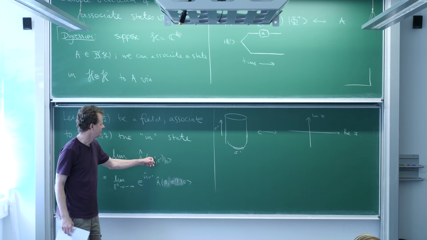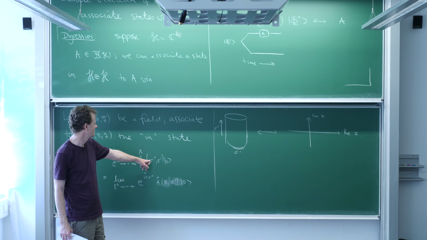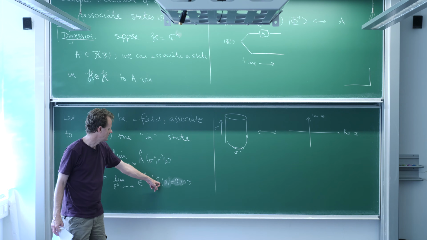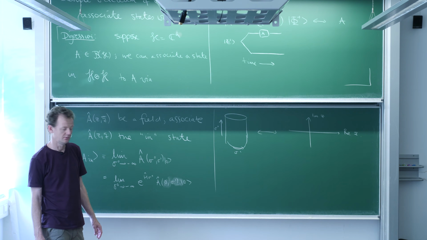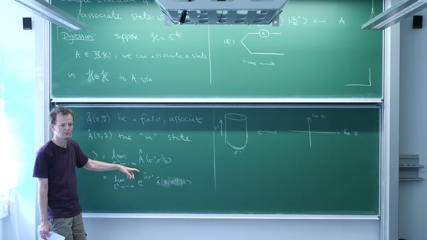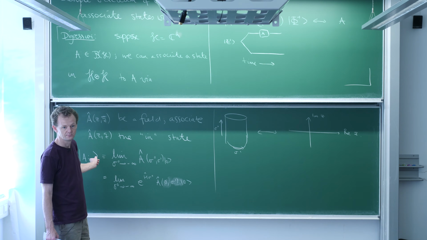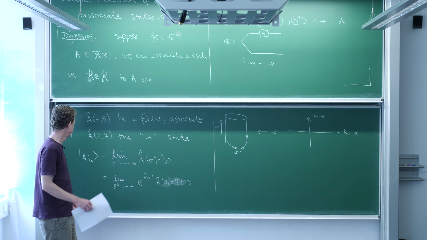So sigma 0 is the time coordinate in the usual quantization of a quantum system on a circle, and you run time backwards on this field operator from some fiducial time. And that, presuming that this limit exists in some sense, will give you a state that no longer depends on time. Depends on space, but not time.